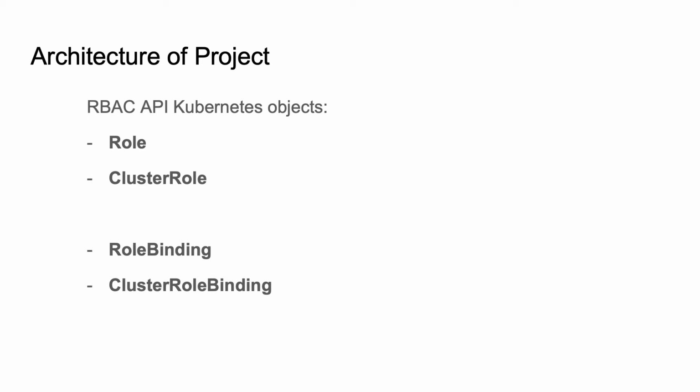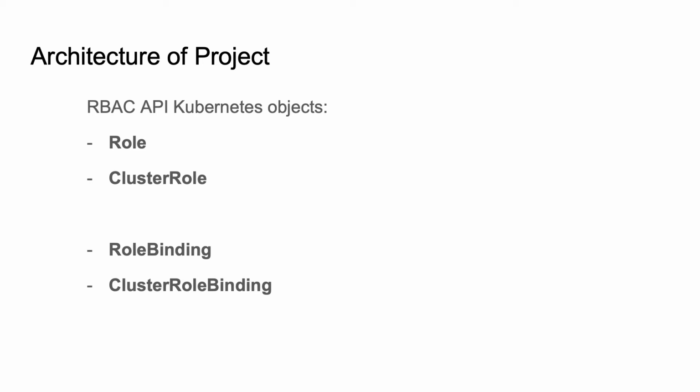Role and cluster role contain the rules that represent a set of permissions. A role sets permissions within a particular namespace, and a cluster role defines permissions on cluster scoped resources or on namespace resources, and can be granted within an individual namespace or across all namespaces.